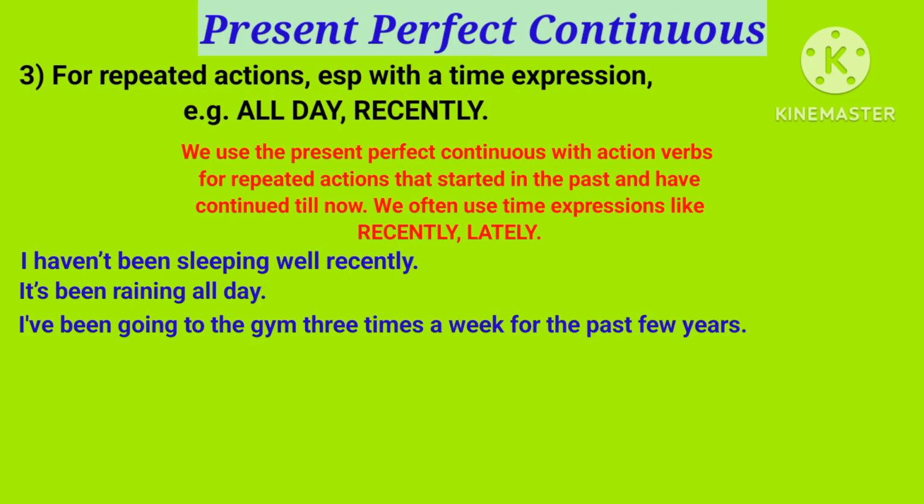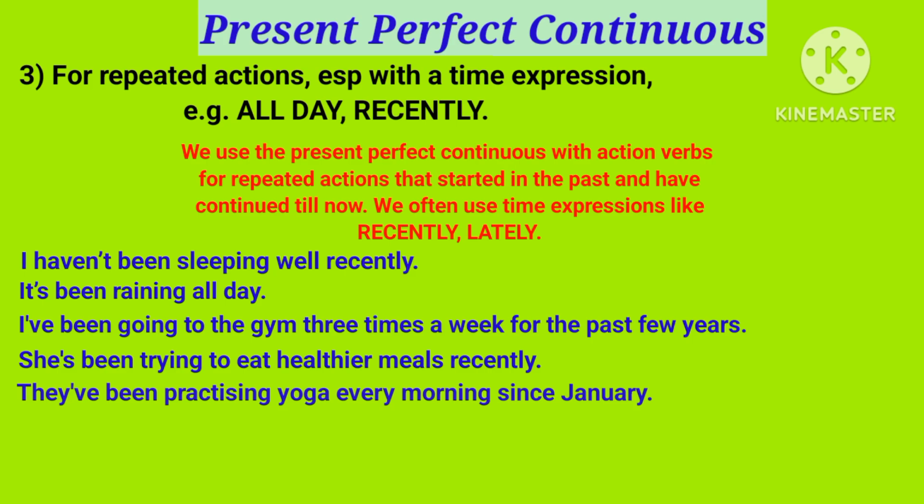So this is a repeated pattern. She has been trying to eat healthier meals recently. These are repeated attempts, not just once. And the word recently shows ongoing effort up to now.